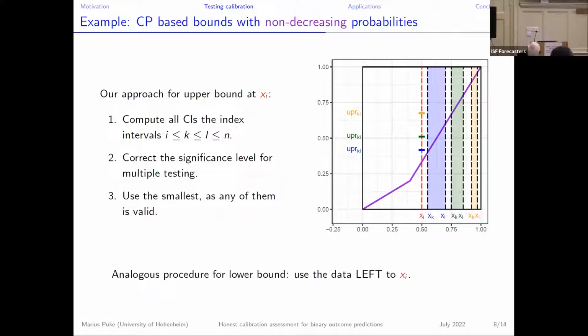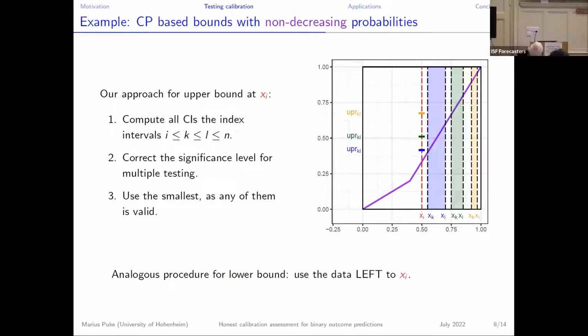And we can simply do so because we just consider data that is larger than or equal to that xi, and therefore we just get perhaps a little bit more conservative than necessary, but still valid. Of course, if we would be interested in a lower bound, the same procedure would apply to the left-hand side. So just use the left-hand side of xi to come up with a lower bound estimation for xi.